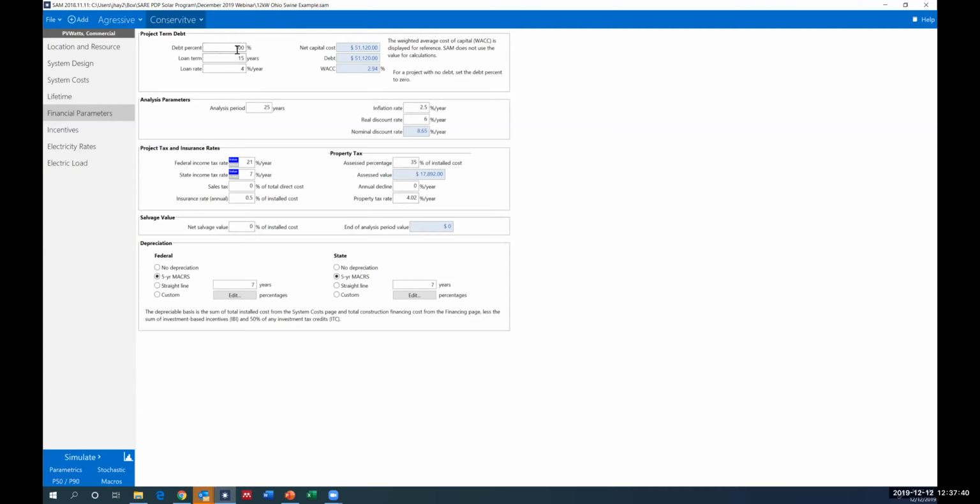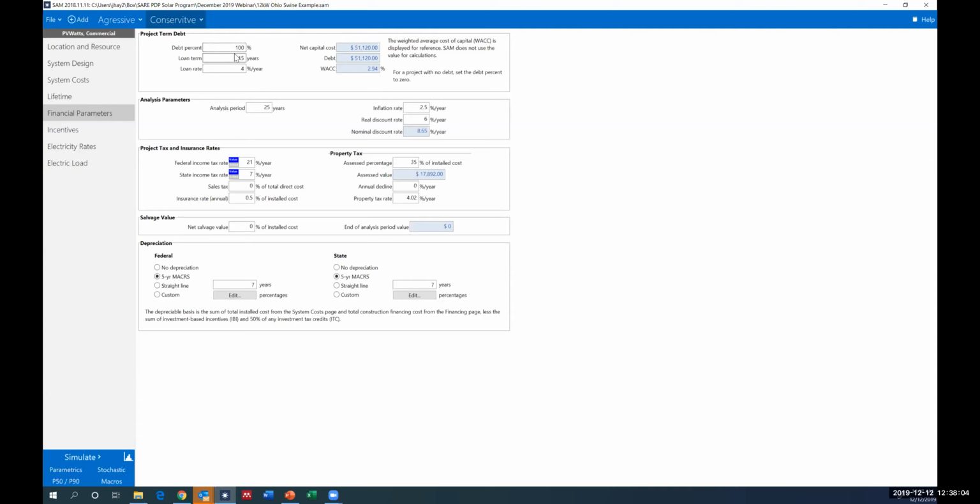We are currently running it as 100% debt, and part of the reason we chose 100% debt is that there are, at least in Nebraska, and there might be in Ohio, some state funding opportunities where you can get low interest loans at 100% debt. If you can't get 100% debt, we would recommend changing that, so you want to run that as a real example of a system.